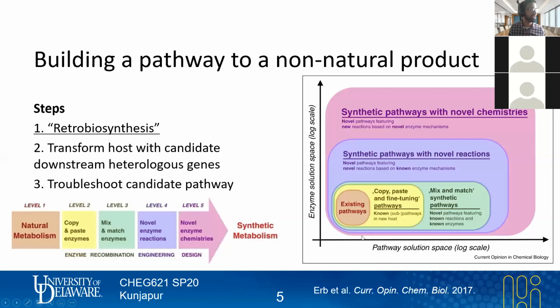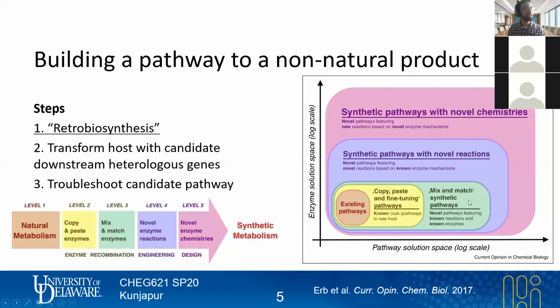So if you're operating close to the origin, in a small solution space regime, you've got your natural pathways. And then what you can do is just copy and paste existing enzymes. What you're doing then is not really expanding in the direction of surveying or creating new and interesting enzymes, but you are potentially creating new and interesting pathways just by taking the enzymes that nature has already given you and has purposed for those kinds of pathways.